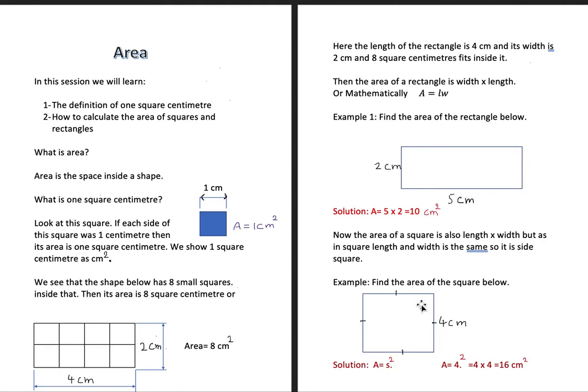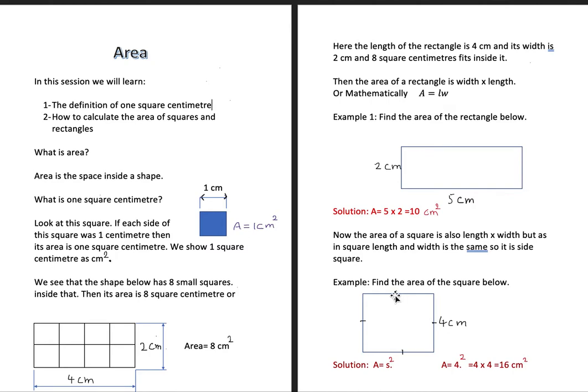What about a square? Square also will be the same concept. The only difference here is its length and width are the same. So for a square, all sides are the same. That's the width, that's the length.